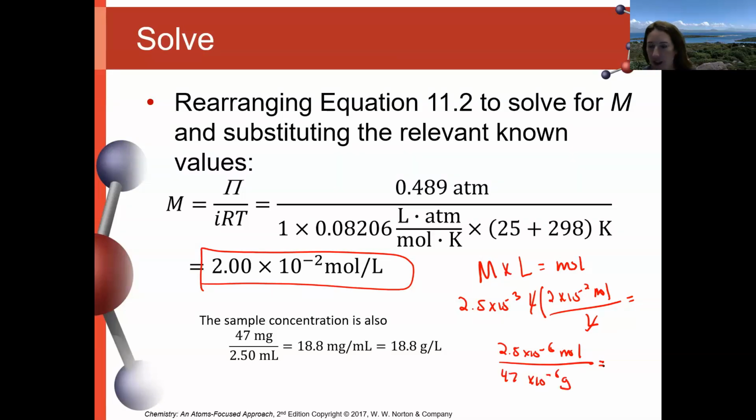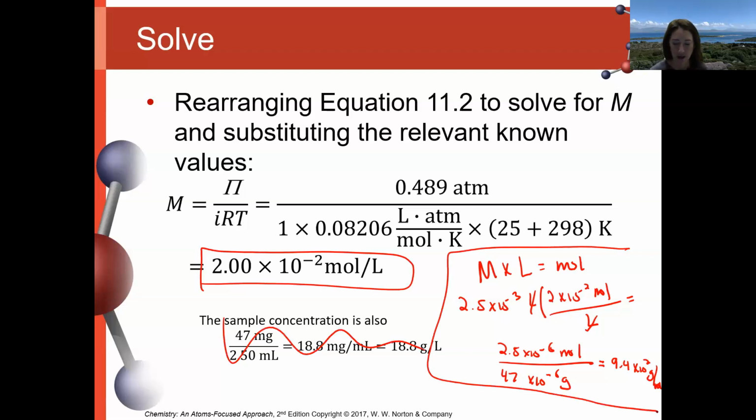Okay, and so then we end up with 9.4 times 10 to the 2 grams per mole. So a little bit different. There's another way you can do this too, but I'm not going to do it this way. Let's just do it the way we've always done it, with our molarity and our unit conversions.